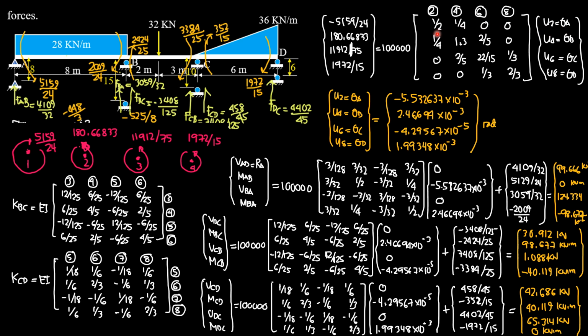Then 44 is 0.8, or 4/5, here, and 44 in member AB is 1/2, or 0.5. So 0.5 plus 0.8 is 1.3.